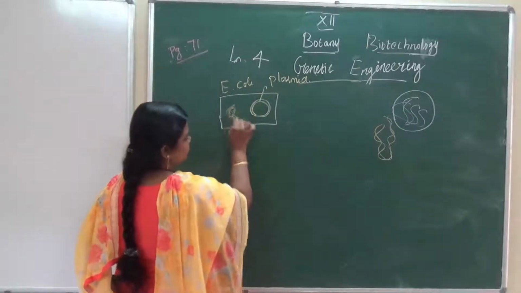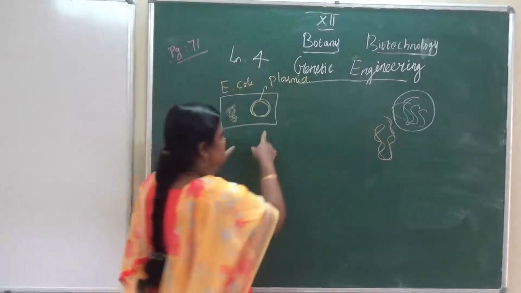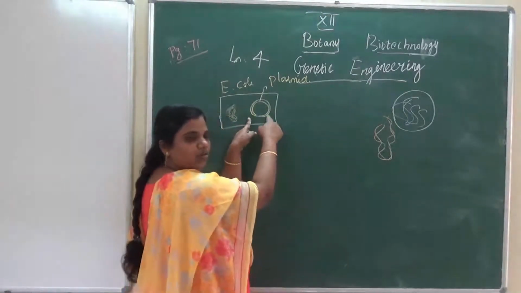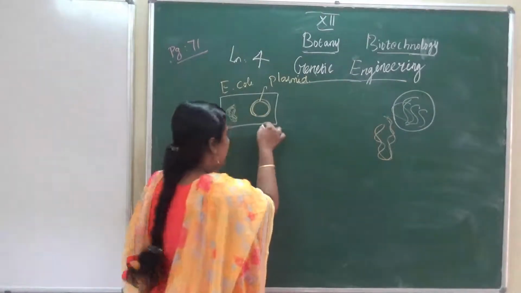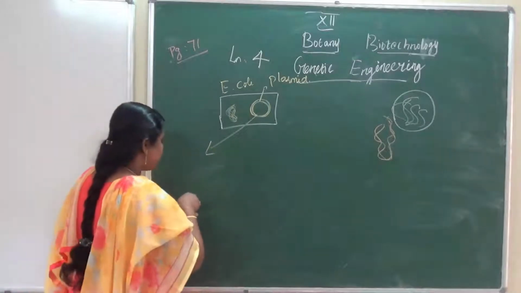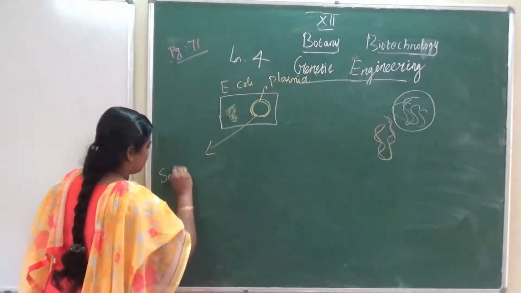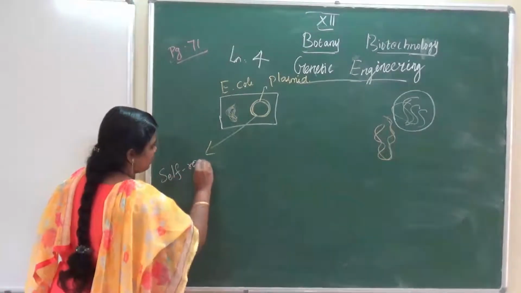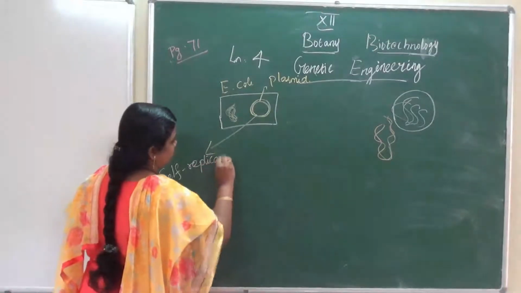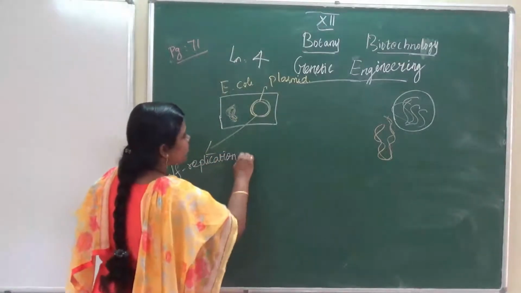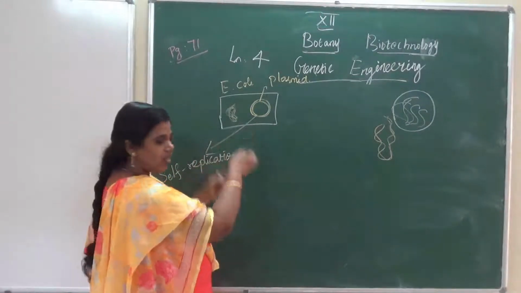Plasmid. This plasmid has a special character, known as self-replication. So you choose the plasmid.